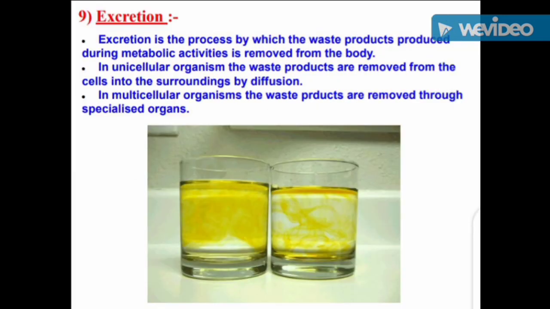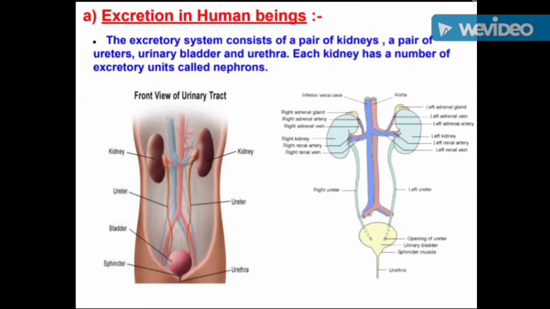Excretion is the process by which the waste products produced during metabolic activities are removed from the body. In unicellular organisms, the waste products are removed from the cells into the surroundings by diffusion. In multicellular organisms, the waste products are removed through specialized organs.